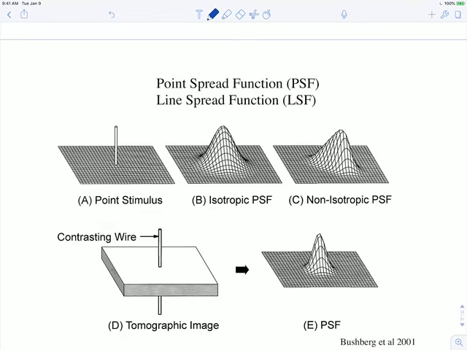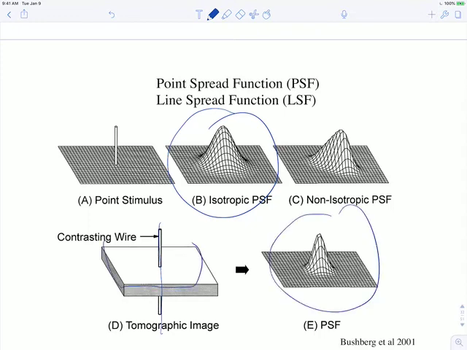Okay. So these are some examples here. This is your point stimulus, which is probably if you could make a point, then this is how it'd be spread out. In general, you would actually have a wire, and you're looking at in this plane, how that wire gets spread out. So you'll hear the term point spread function or line spread function used interchangeably.